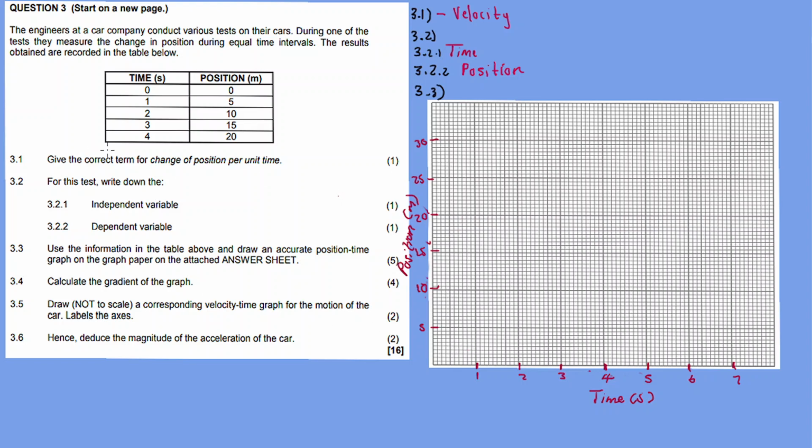Now plot: for 0 seconds, the position is 0, so at the origin.